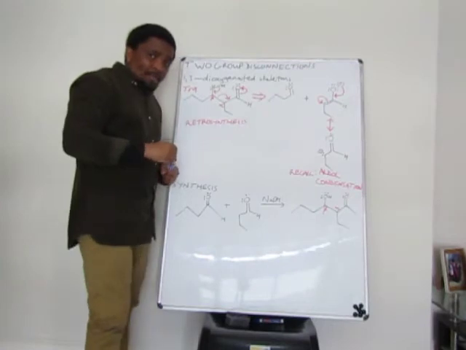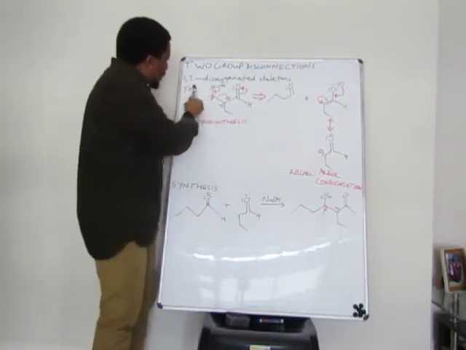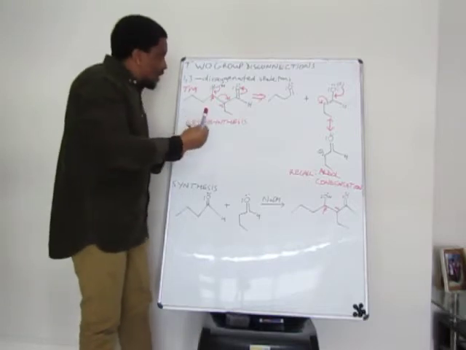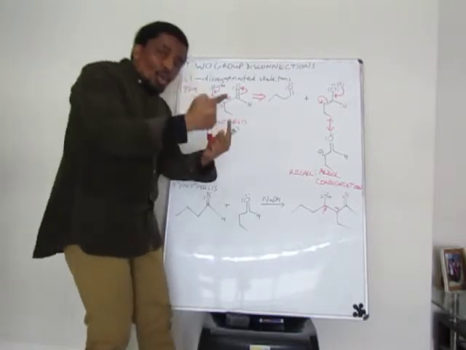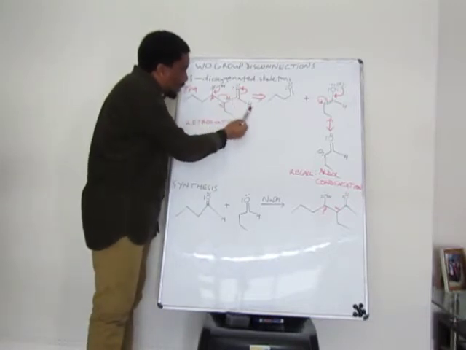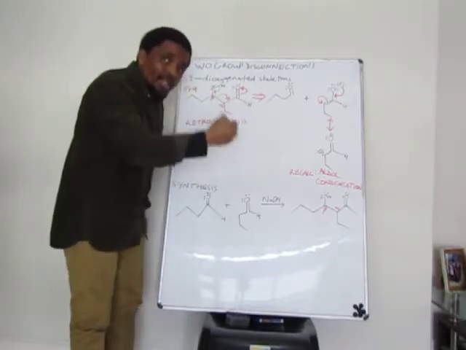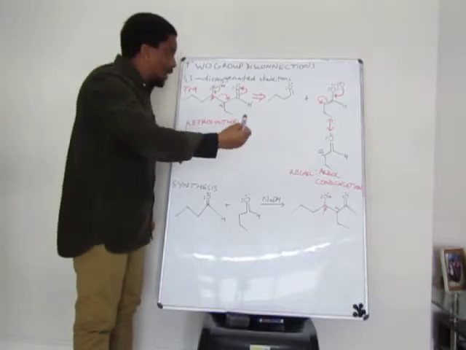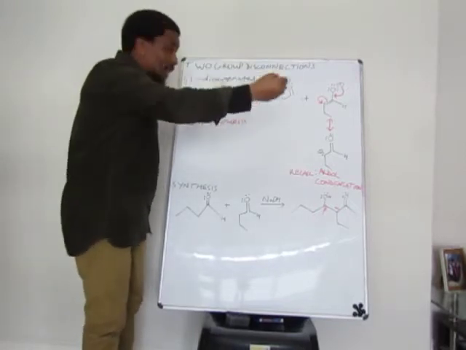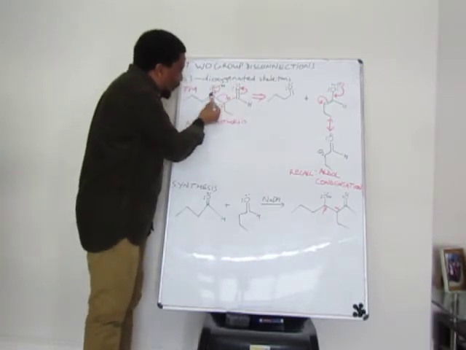Let's look at this example here. Here we say 1,3-dioxygenated. So in this case, I've got two functional groups. One, C double bond O, H, that's an aldehyde. That's my functional group, right? Now, 3 carbon atoms, 1, 2, 3.